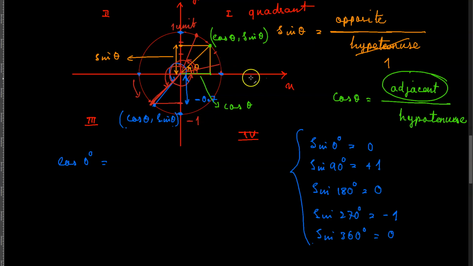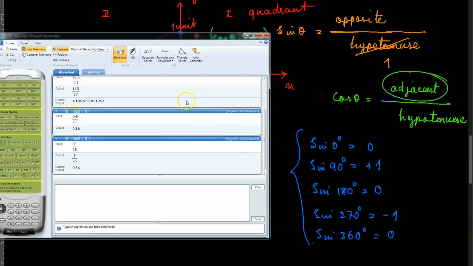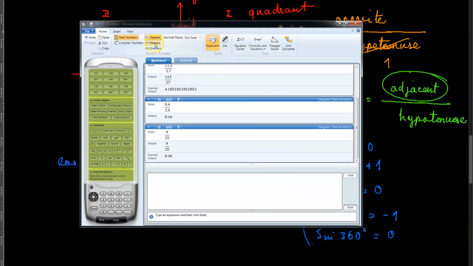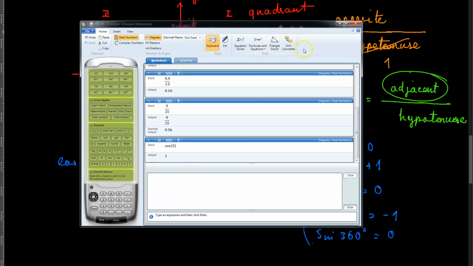At 0 degrees, the height is all the way up to here, so it's a positive 1. So the cos of 0 is equal to 1, right? And for example, using a calculator, you can say that the cos of 0 degrees is equal to 1. Okay?